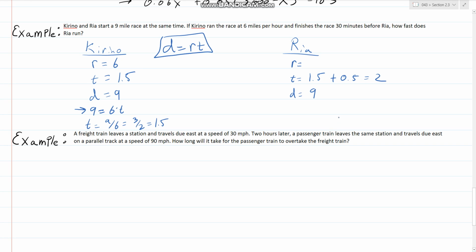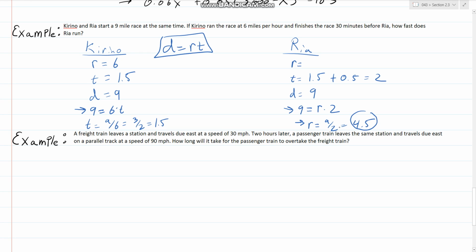Now I can find that rate because I know that the distance equals 9 and the time equals 2, and I can find the rate by dividing by 2. So the rate equals 9 divided by 2, or 4.5. Okay, so 4.5 miles per hour is how fast Ria ran.